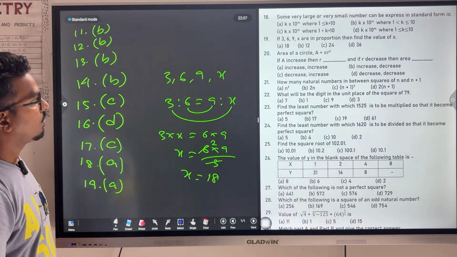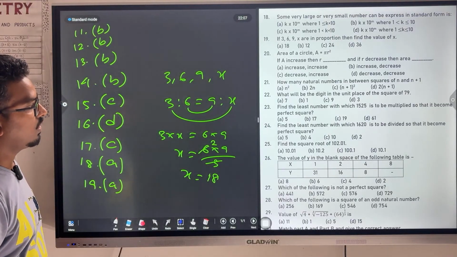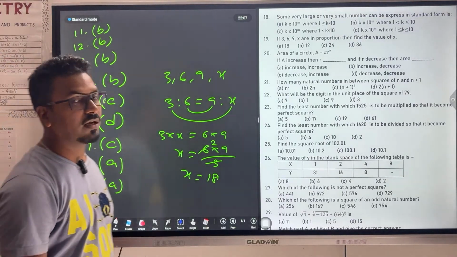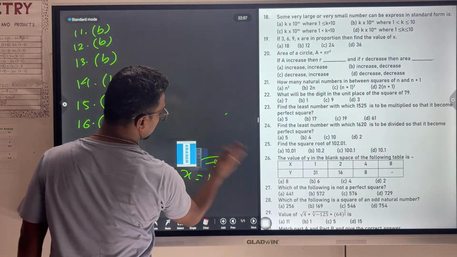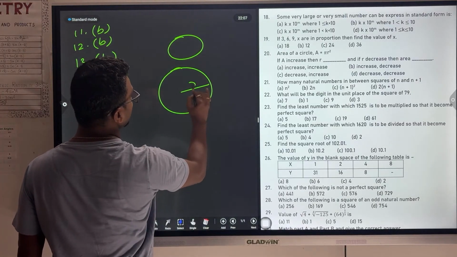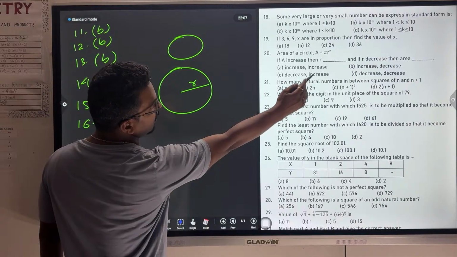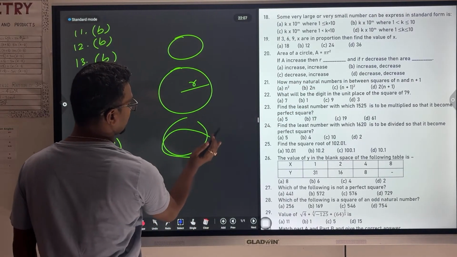Next, question number 20. Area of a circle is given by A equals pi r square. If the area increases, then the radius also increases. Suppose there is a circle; if its area increases, the radius increases. Next, if r decreases, then the area also decreases.